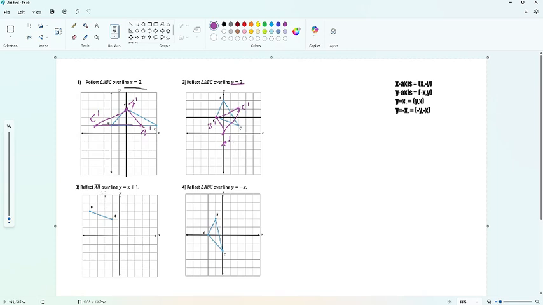Okay, this one's a tricky one. y equals x plus 1. Now let's just graph y equals x plus 1. It's going to have a y-intercept.